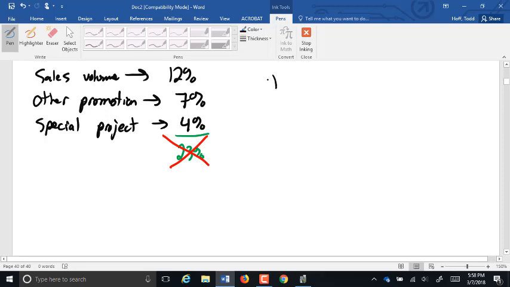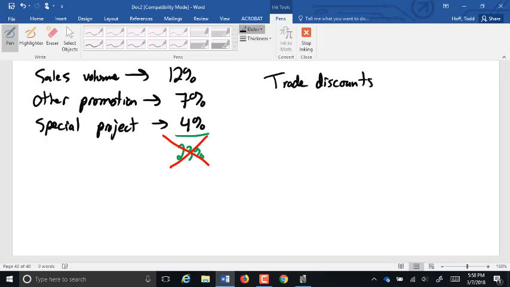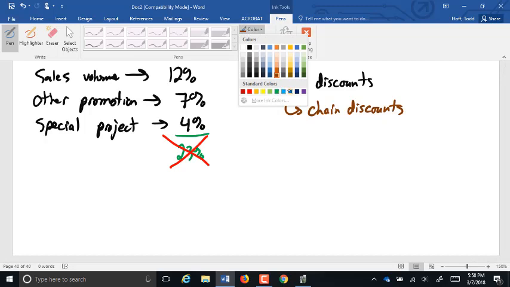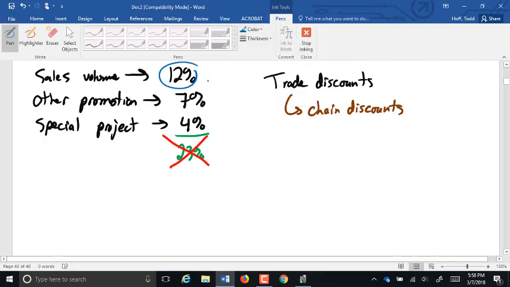Trade discounts, when there's multiple ones like that, are treated as what's called chain discounts. They don't all happen at the same time. They happen sequentially, one after the other. So you apply the 12% first, then the 7%, and then the 4%.